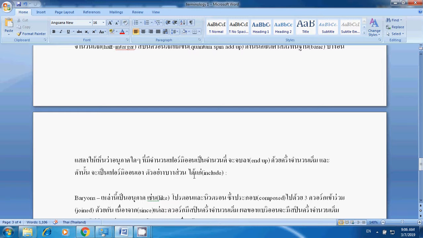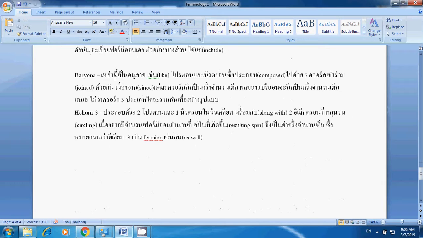Some examples include baryons. These are particles like the proton and neutron, which are composed of 3 quarks joined together.